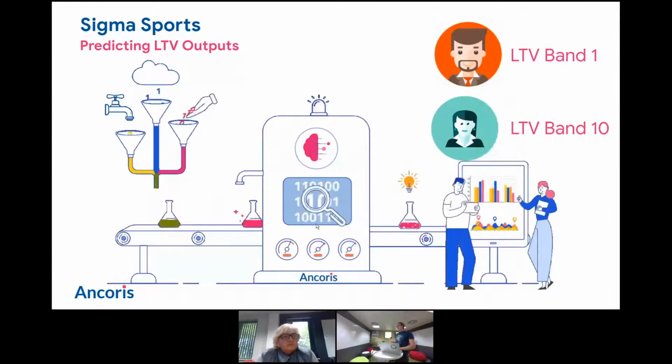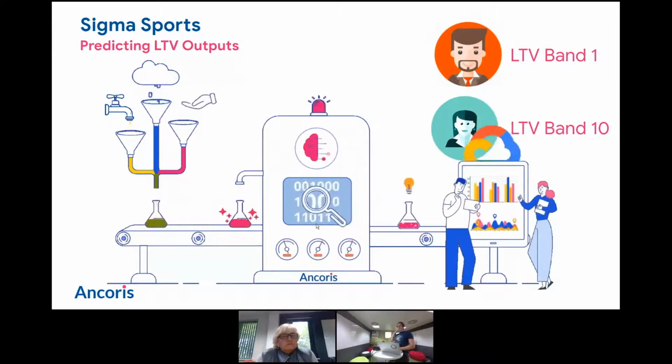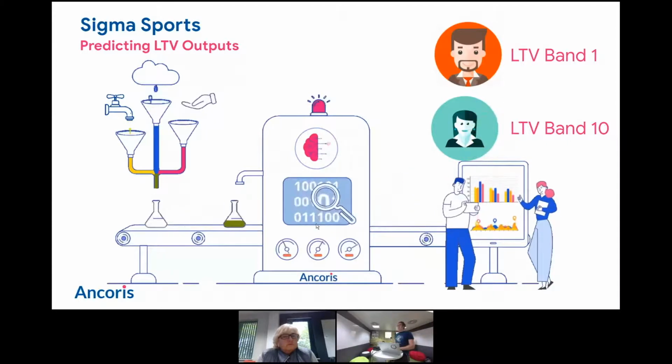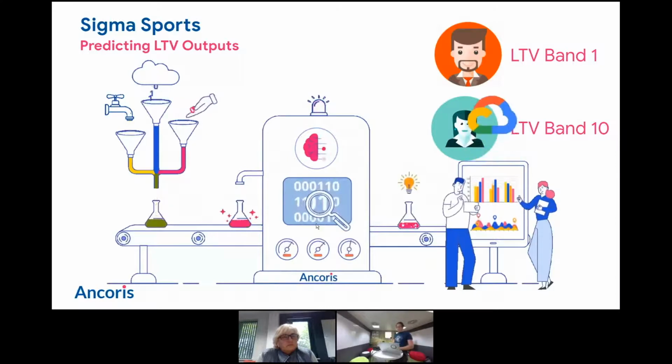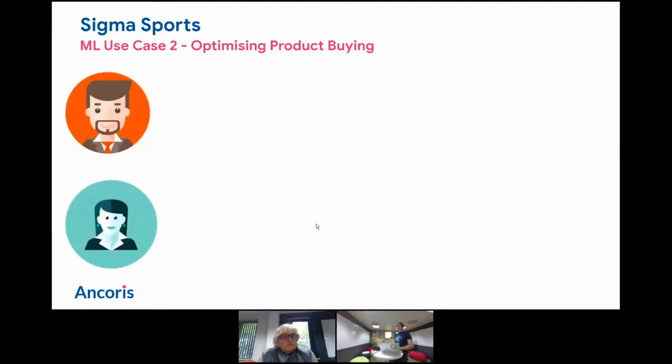If you bias your model to look at something like loyalty, so the frequency of how often people are buying, you want people that are buying often, then again that can control certain decisions you're making, like who to send offers to. If I know that someone's frequently buying, I don't want to cannibalize my profit by sending them offers if I don't have to. So a really common and really highly effective use case in retail.